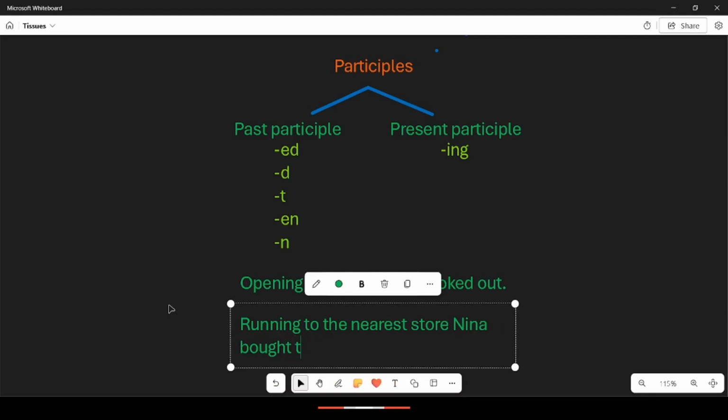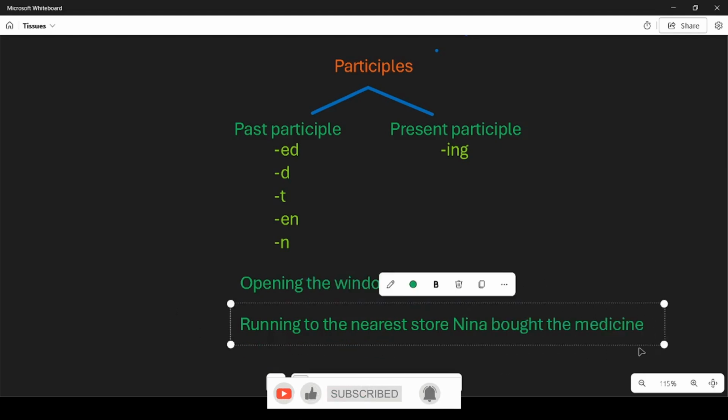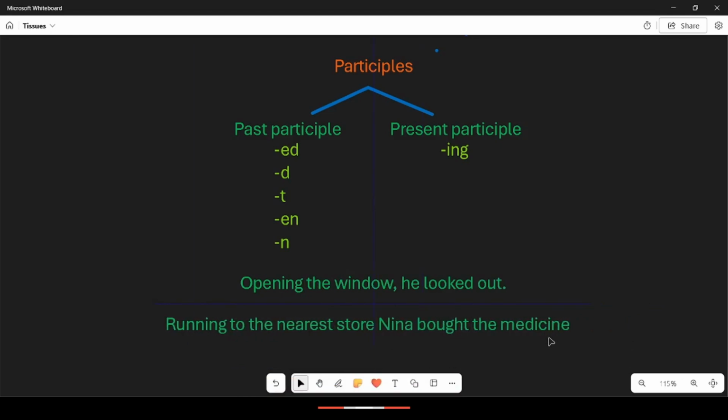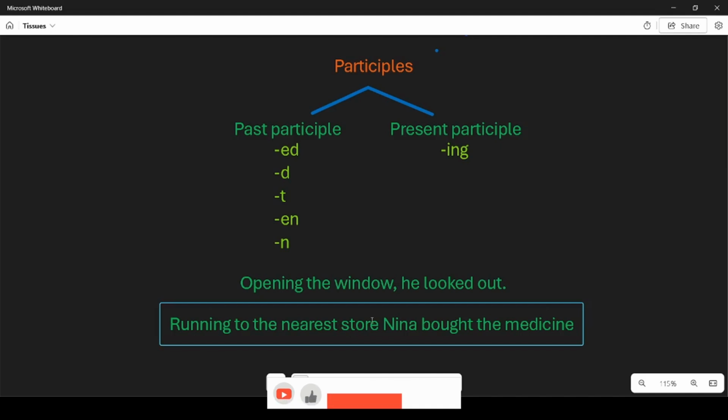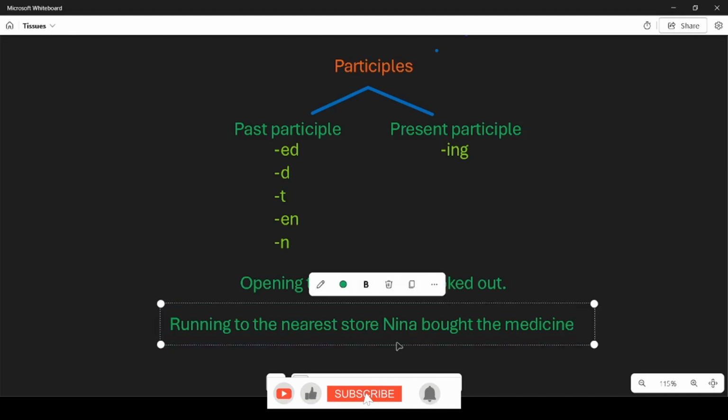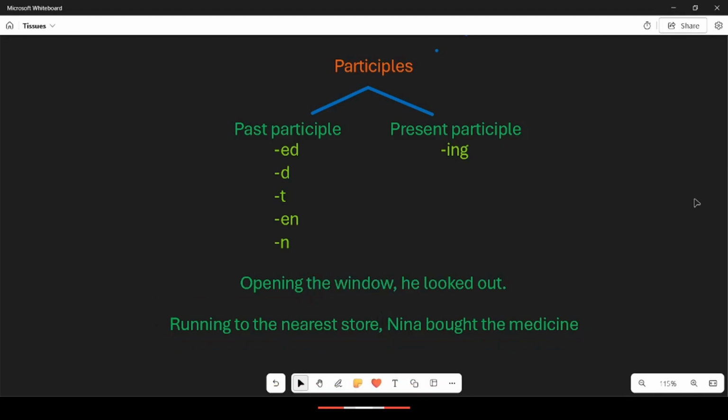Running to the nearest store, Nina bought the medicine. So this is another sentence which I just said. And also here we add a comma. Running to the nearest store, a pause where we get a comma, and Nina bought the medicine.